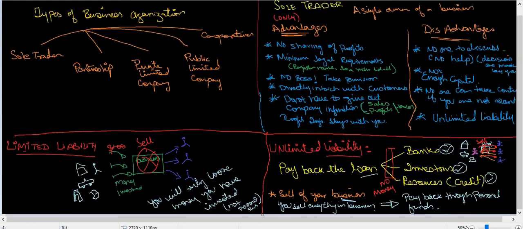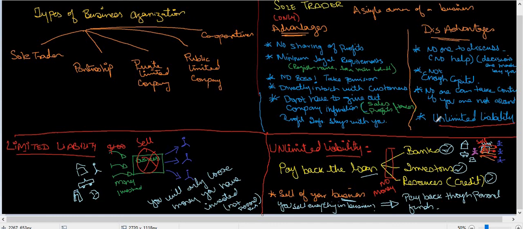But unfortunately, with a sole trader, it is always an unlimited liability. A sole trader cannot enjoy limited liability. With a sole trader, it's always unlimited liability.